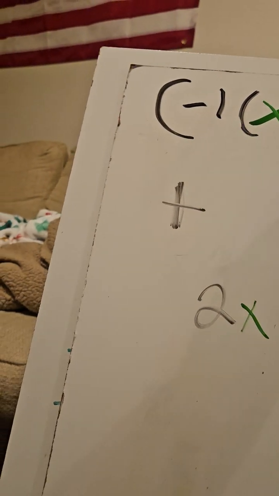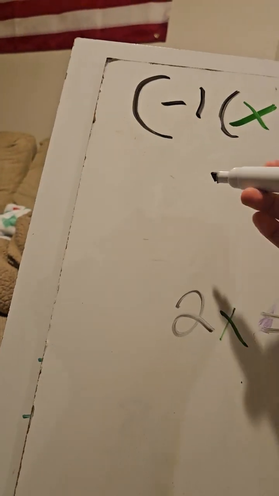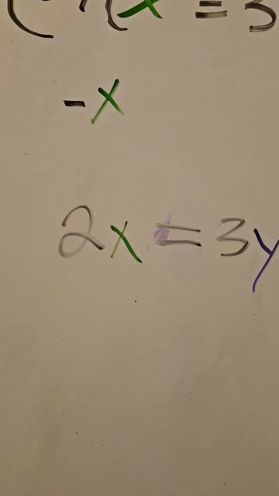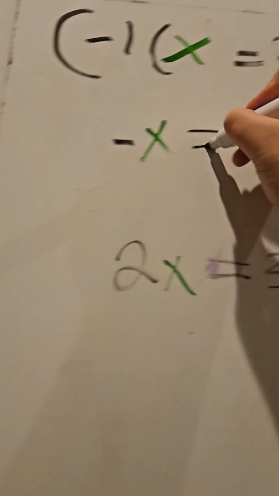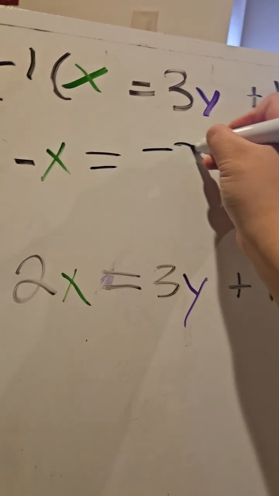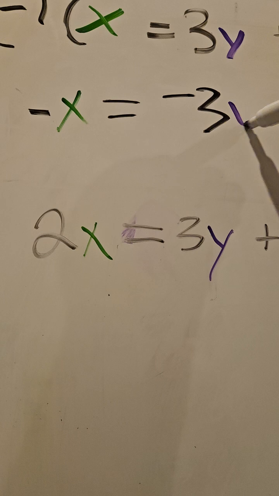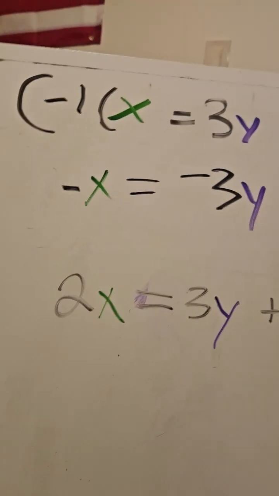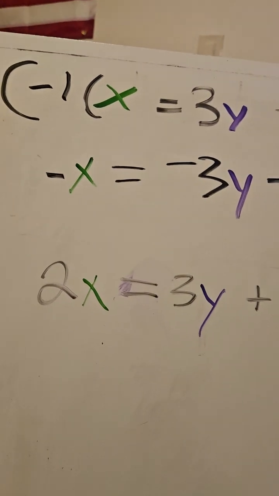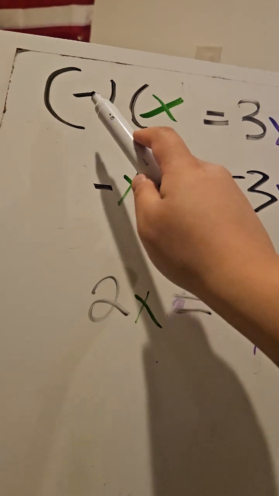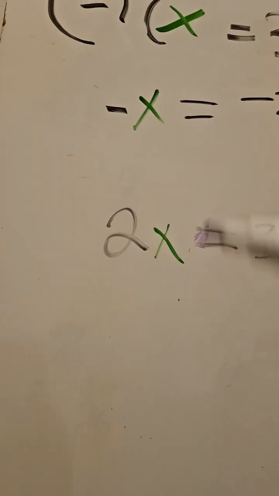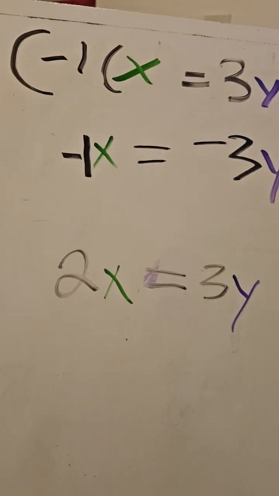So we can rewrite this top one as -x equals -3y minus 11, because we're multiplying by -1, or I don't know if your teacher told you to just multiply by negative. -1 times x equals -1x, which is fine. -x and -1x are the same thing.